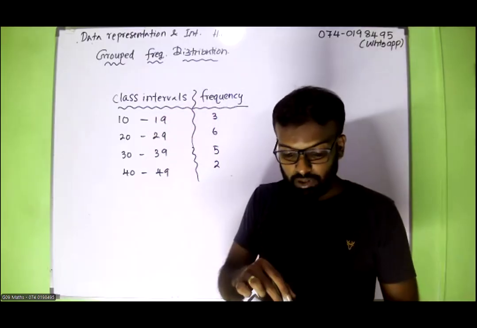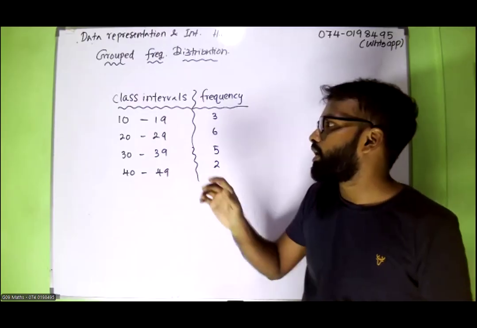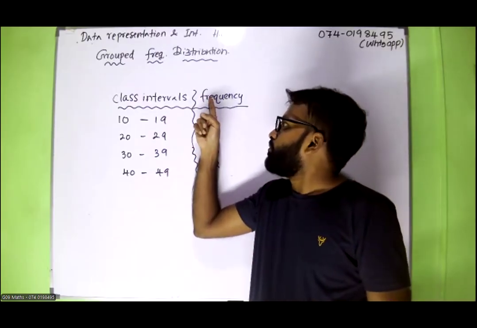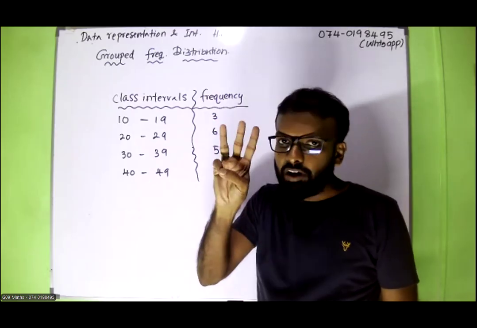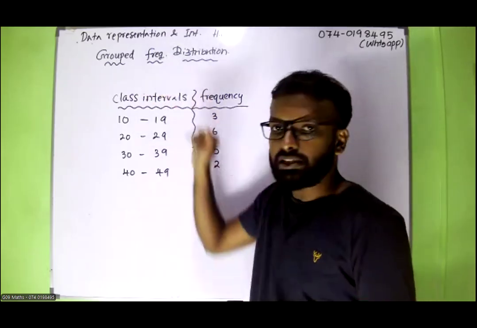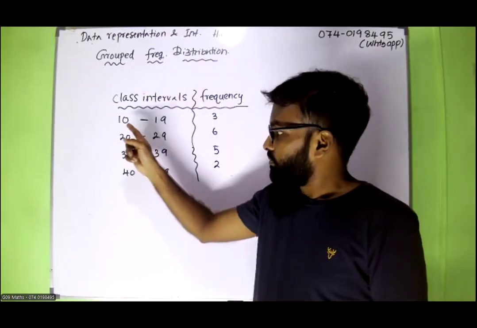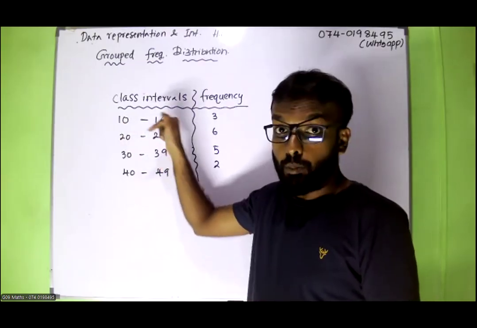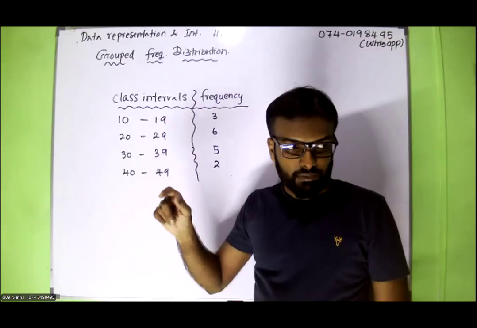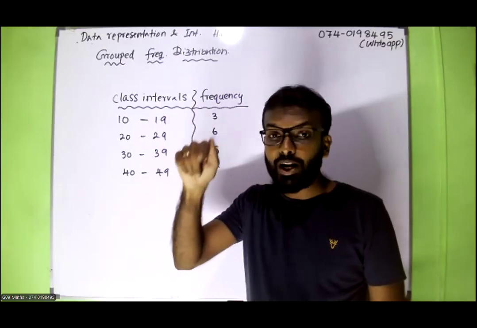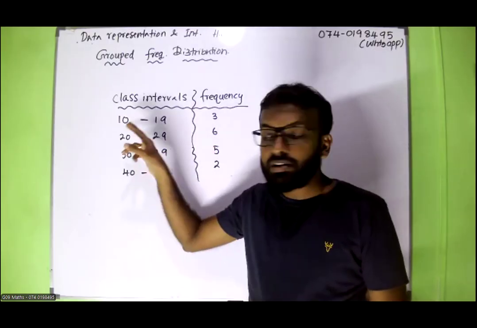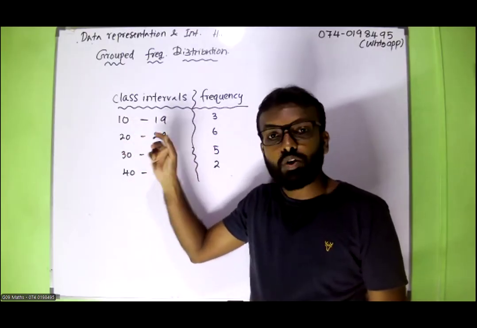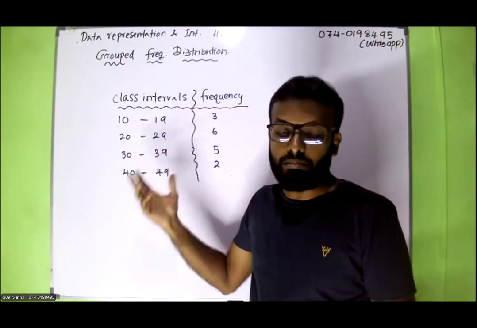I also gave you the meaning of this frequency. There are 3 values inside this class interval, from 10 to 19, not between. Including both 10 and 19 and also the values in between them.